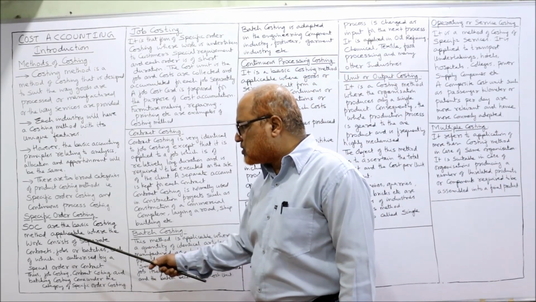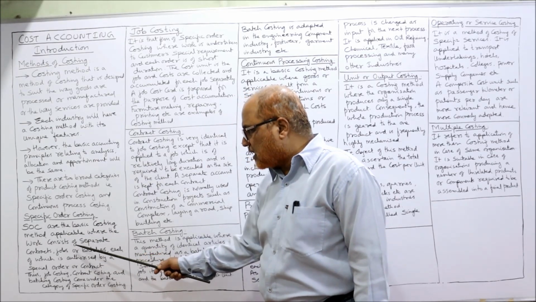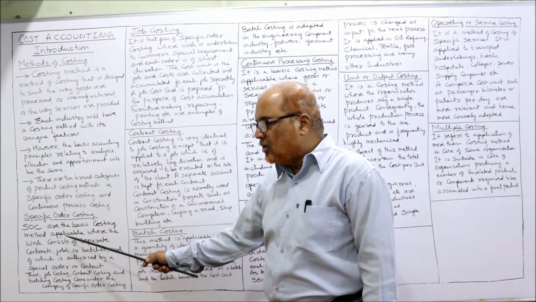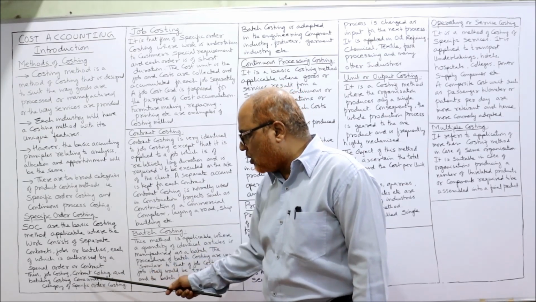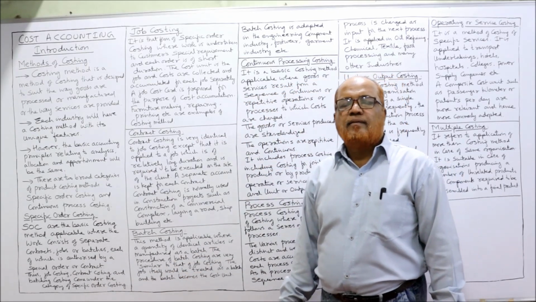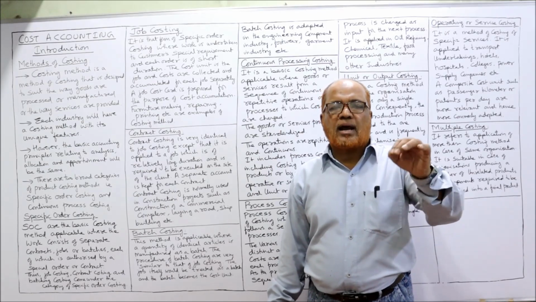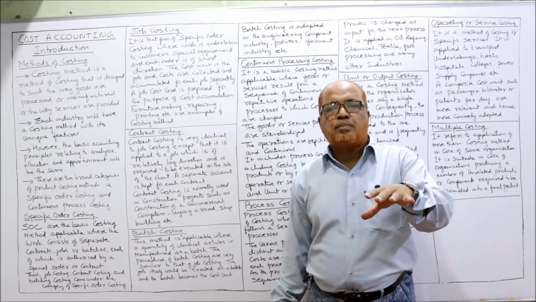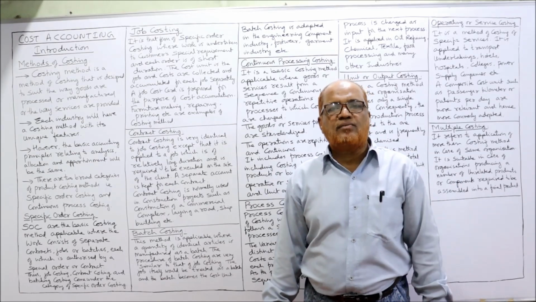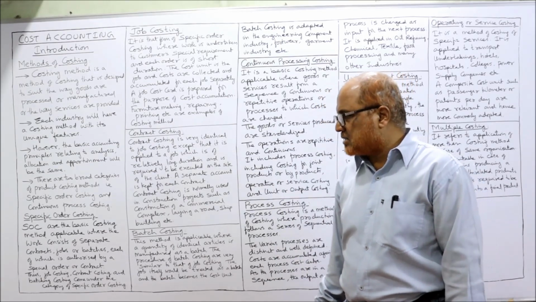It is the basic costing method applicable where the work consists of separate contracts, jobs or batches, each of which is authorized by special order or contract. That means every job, every contract, every batch is separate and unique, because it is prepared according to the specification given by the customer.